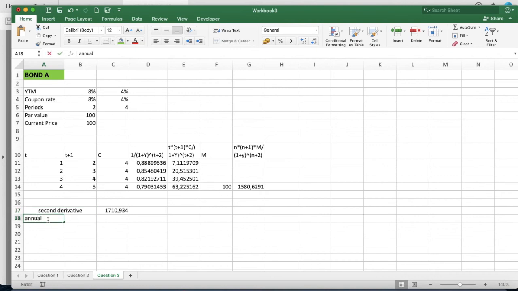So the annual second derivative is equal to the semi-annual one divided by the square of the number of periods, which is 4.